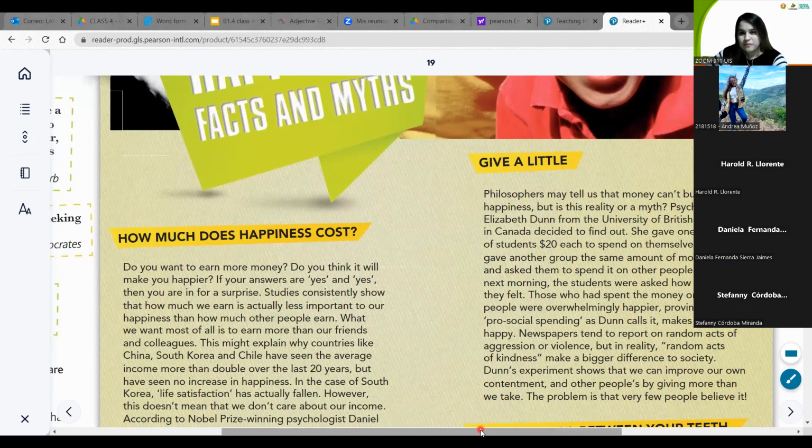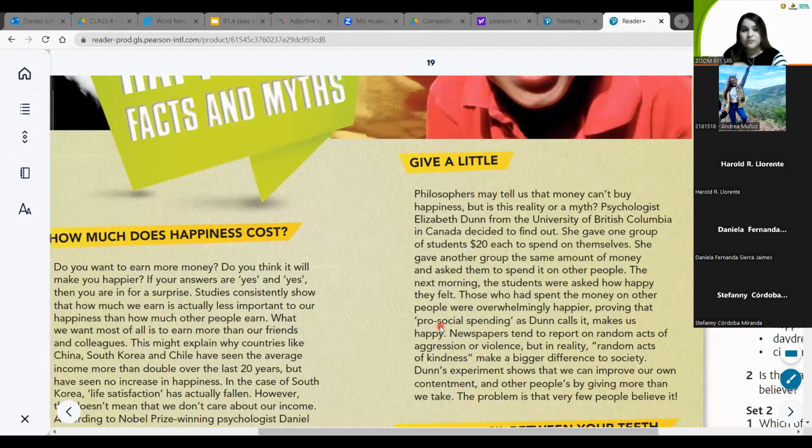Philosophers may tell us that money can buy happiness, but is this really reality or myth? Myth.